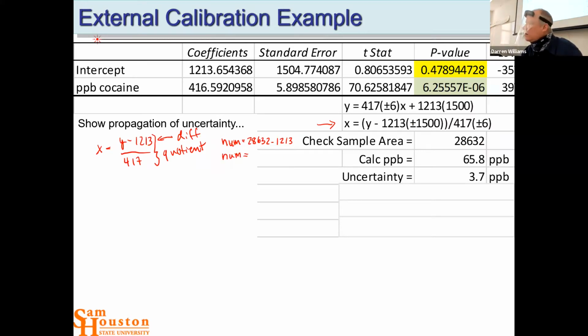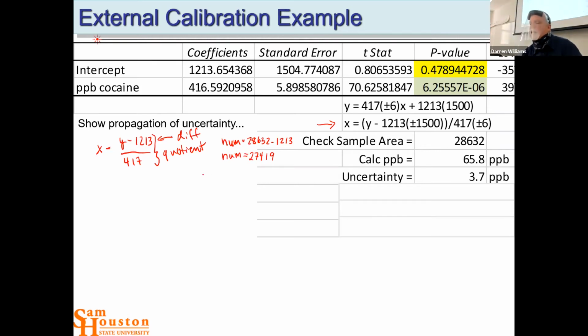I don't see any calculators out. 27,419. Okay, so that's the numerator.